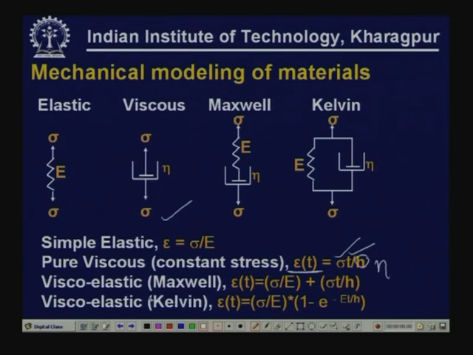Similarly, a slightly more complex behavior can be given by the Maxwell model, which is represented by a combination of a spring and a dashpot. The strain as a function of t is given by stress divided by the elastic constant E plus stress as a function of time divided by the viscous coefficient.